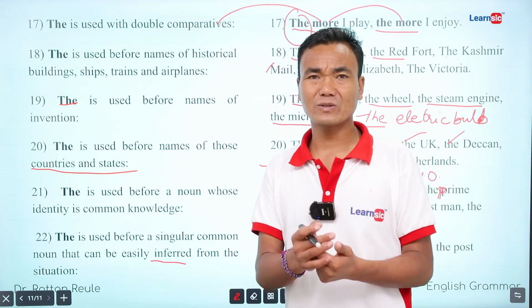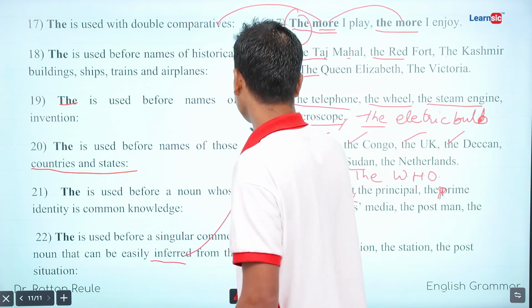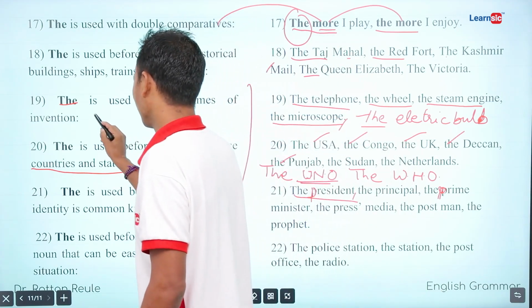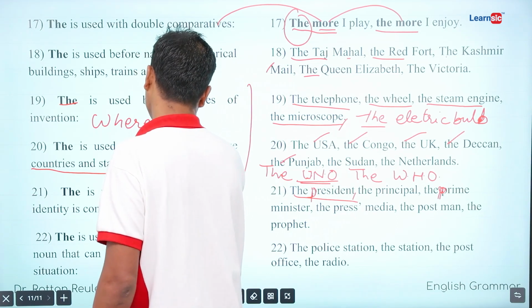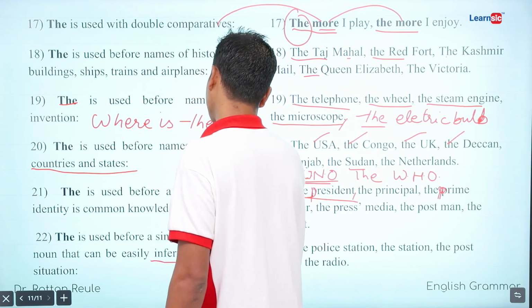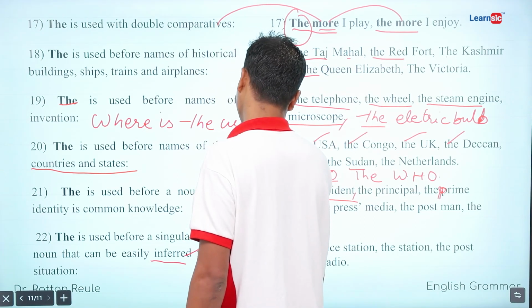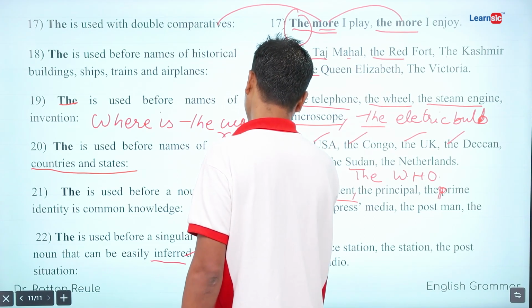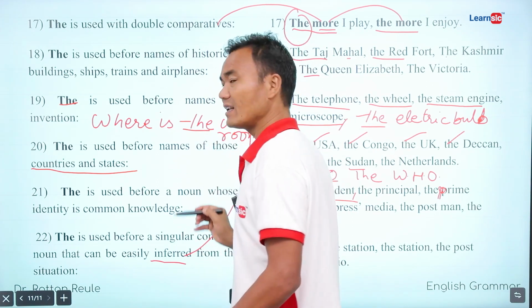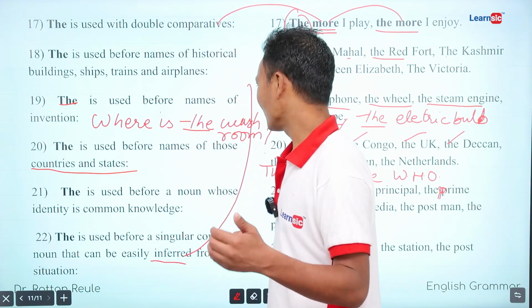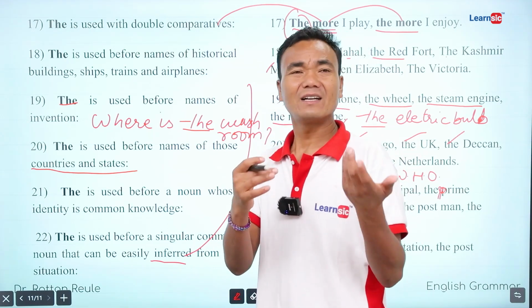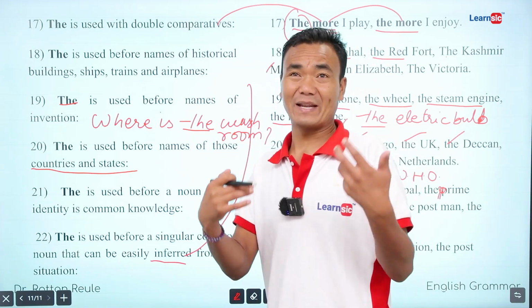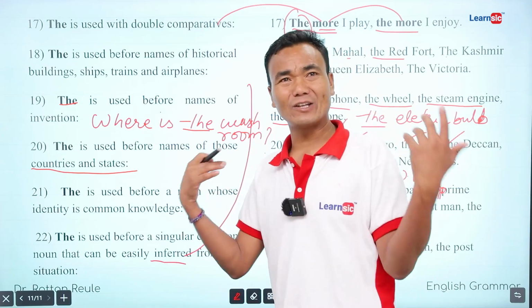In that case also, for example, we ask the question, where is the washroom? Because everybody knows where the washroom is. Everybody can guess, everybody can show, everybody can tell you the location, the places which are commonly known by people.